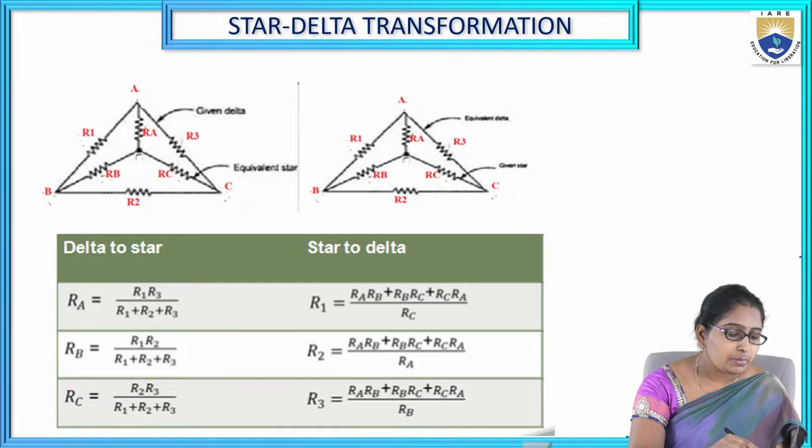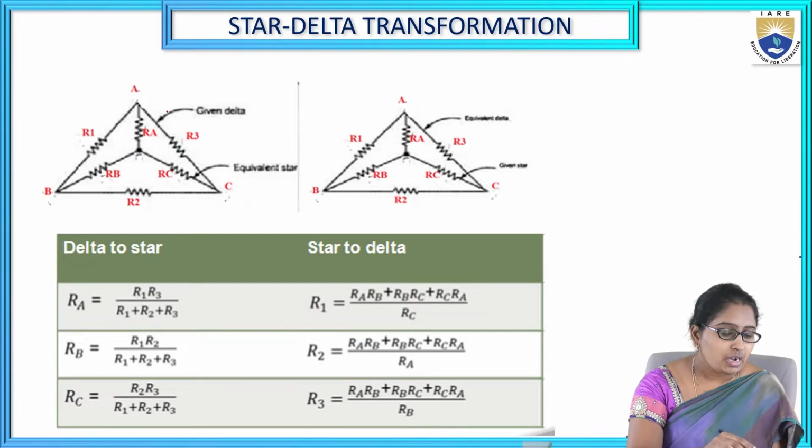Here the delta elements are R1, R2, R3 and the star elements are shown as RA, RB, RC. Now, for a given delta network, how to get its equivalent star network? Here the delta elements are R1, R2, R3.